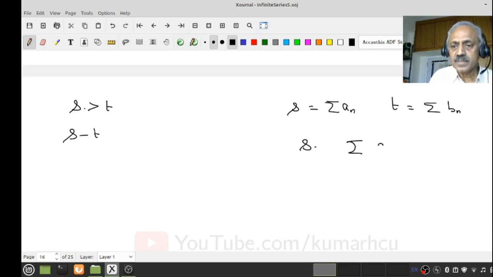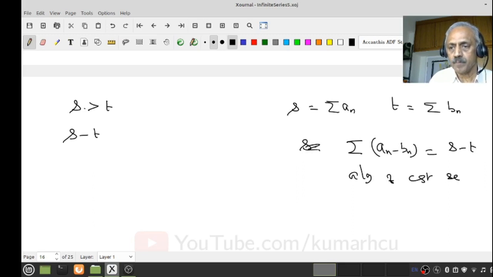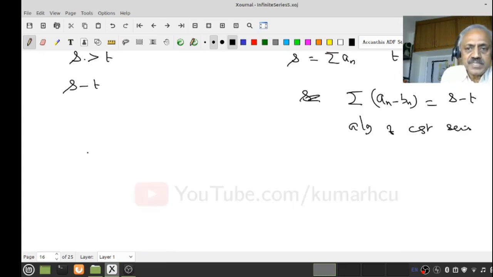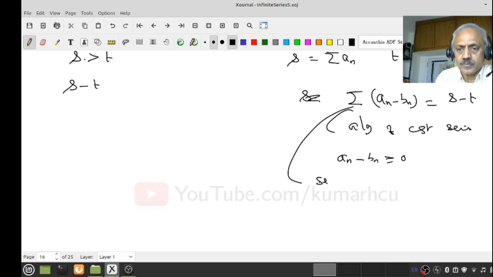This series a_n minus b_n is convergent and its sum is S minus t. This is the algebra of convergence. You understand this? Very good. Now, what do I know about this series? Since a_n is greater than or equal to b_n, a_n minus b_n is greater than or equal to 0. Therefore, this is a series of non-negative terms.